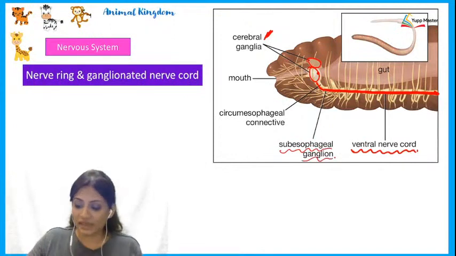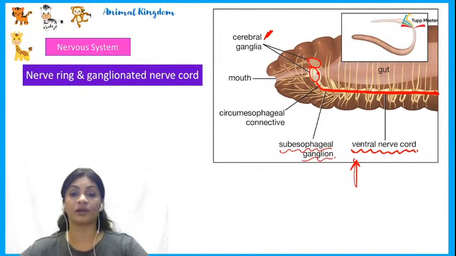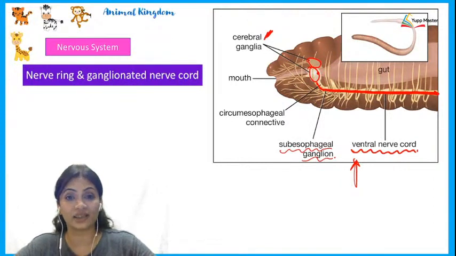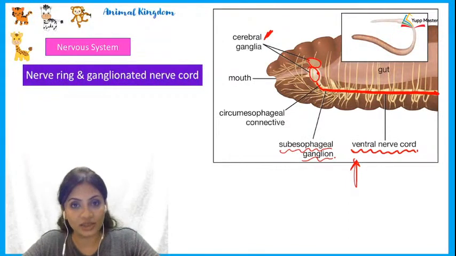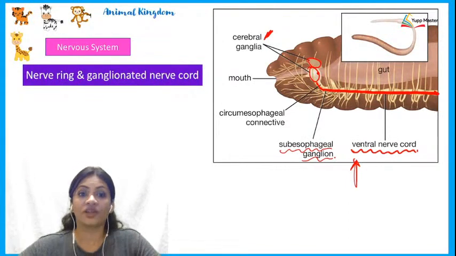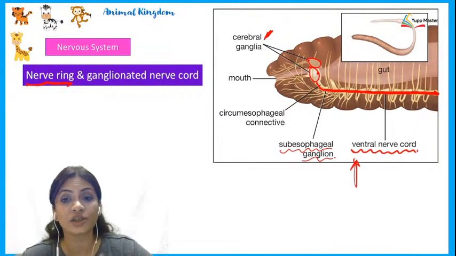Details about the nervous system of the earthworm we will study in the remaining lectures, where we have a good anatomy of the earthworm. Right now, for all annelids, what we can remember is that the nervous system consists of a nerve ring. What is this nerve ring?